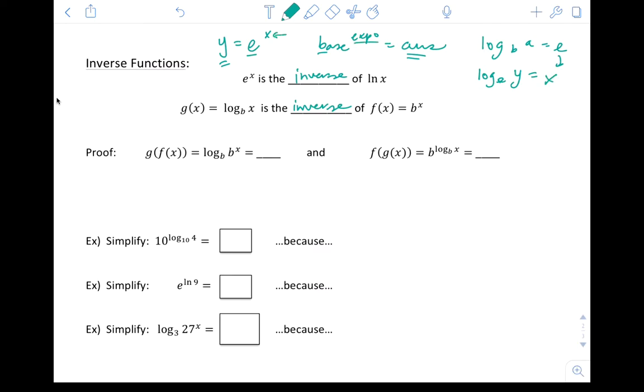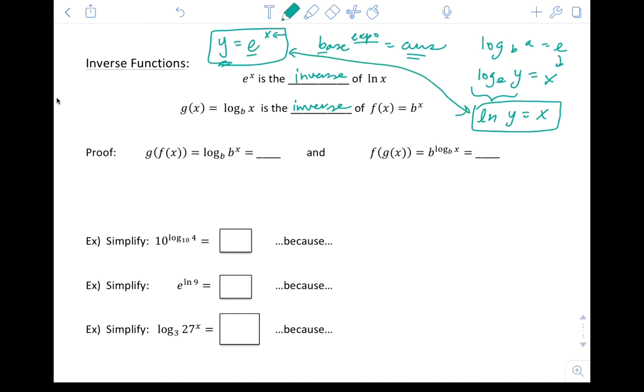So we didn't actually talk about log base e because we called it the natural log instead. So y equals e to the x is the exponential form, and x equals the natural log of y is the logarithmic form. If these are the same thing, just in two different ways, exponential and logarithmic, why did I just say that they were inverses?